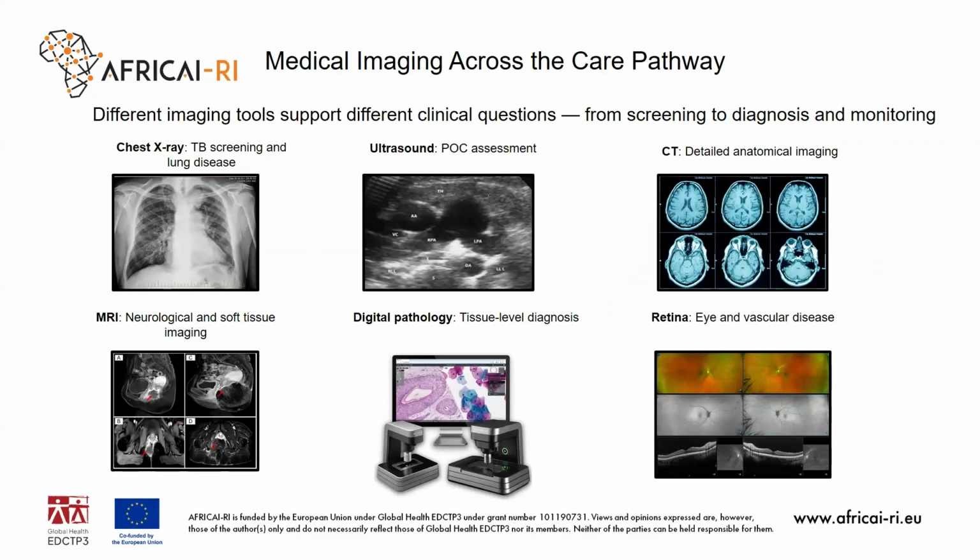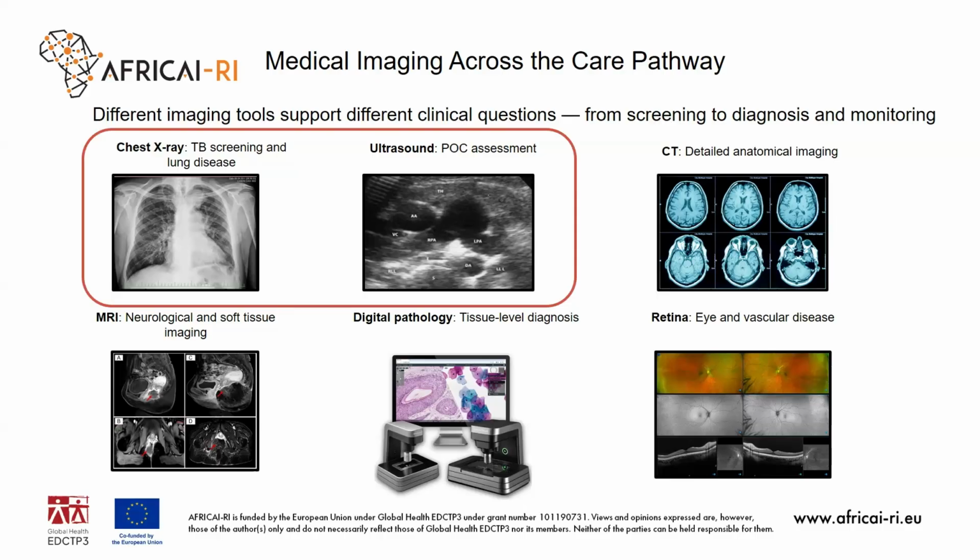Each modality answers a different clinical question. However, for this talk today, I will focus more on chest X-ray and ultrasound, as these two modalities are really relevant for TB and pneumonia. Now let us see what AI can do with these images.